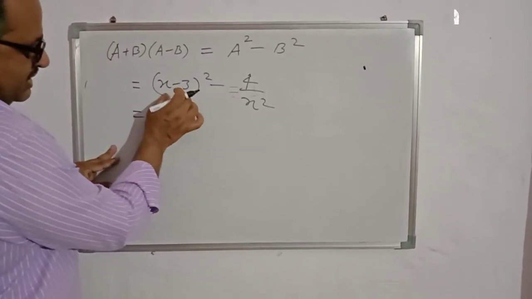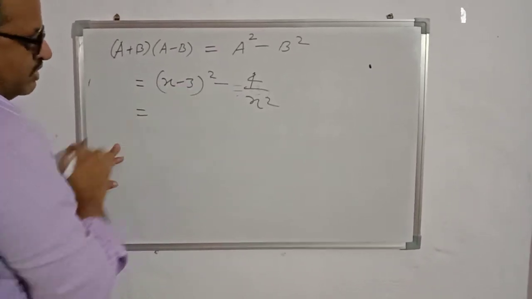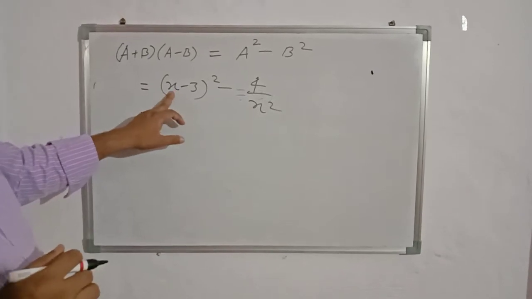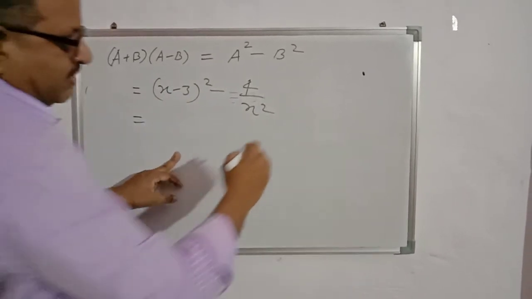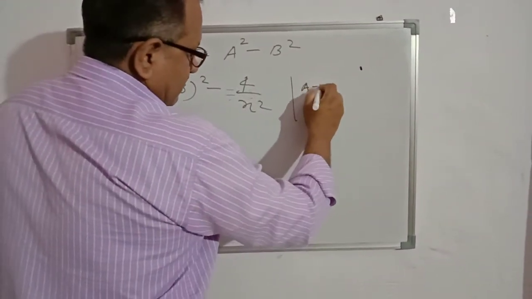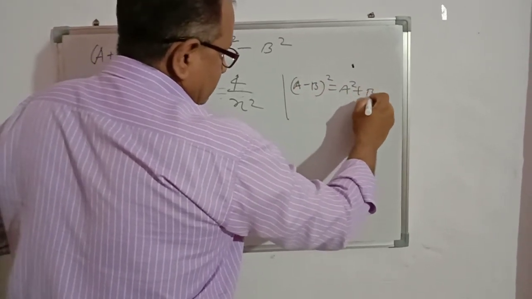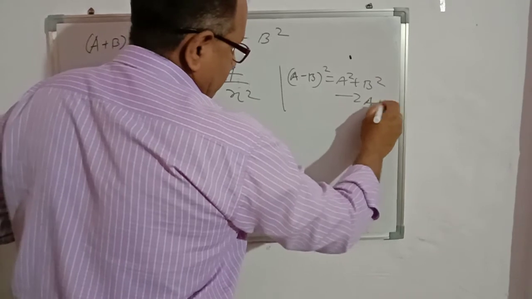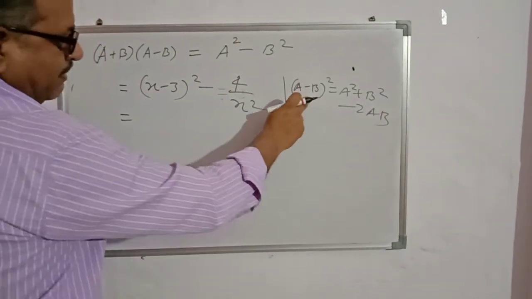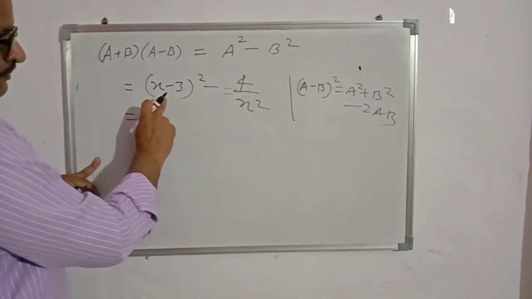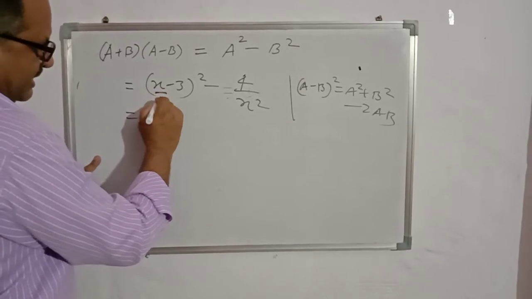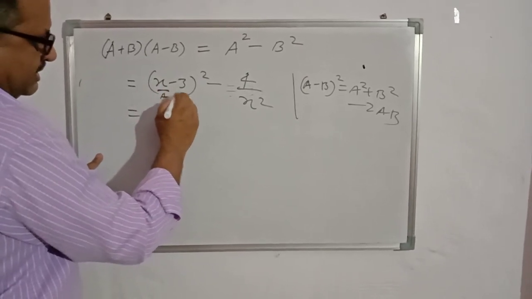We will expand this bracket x minus 3 whole square. How will we expand it? Using the identity a minus b whole square. We know that a minus b whole square is a square plus b square minus 2ab. So we will apply this identity to expand it. What is a here? A is x and b is 3.